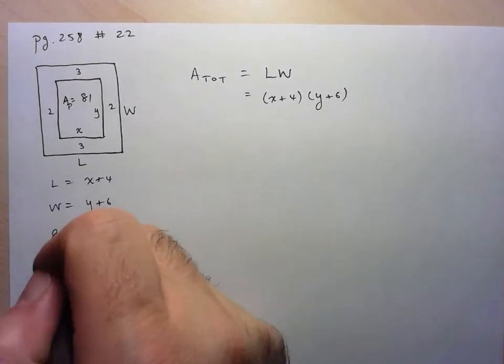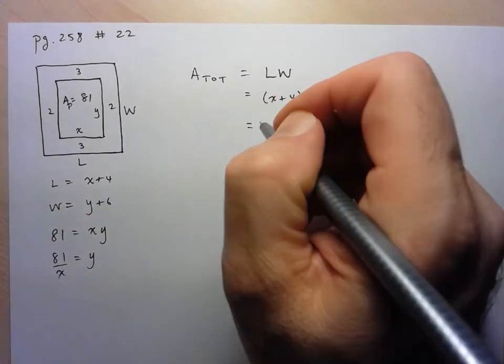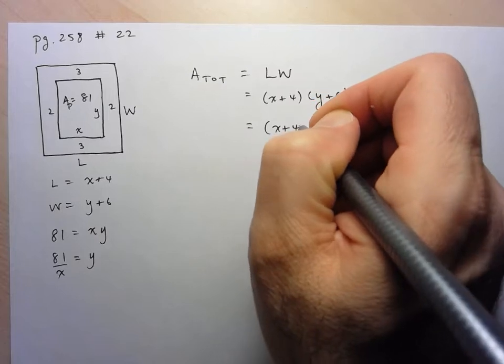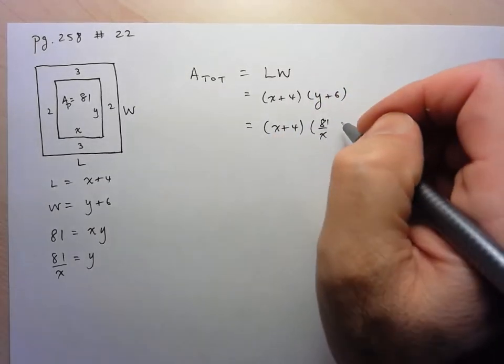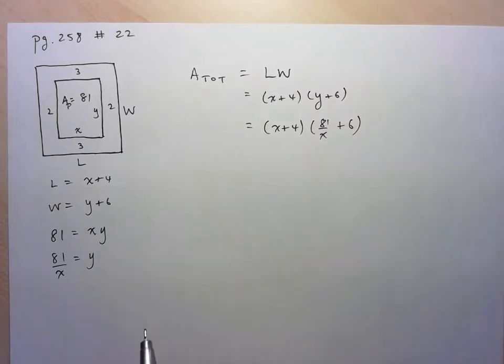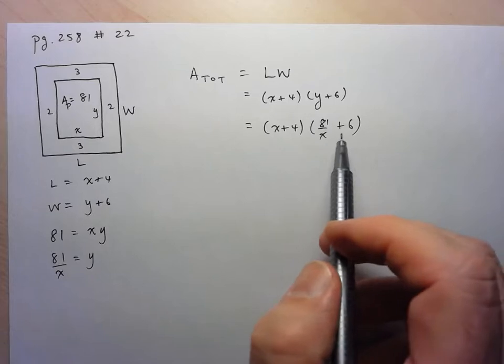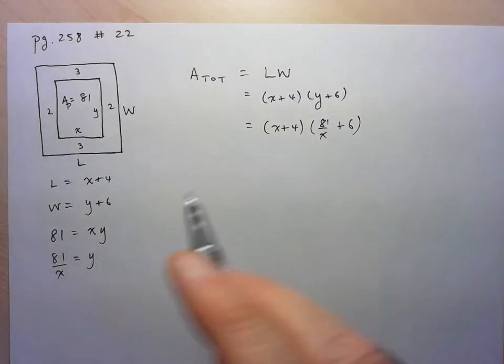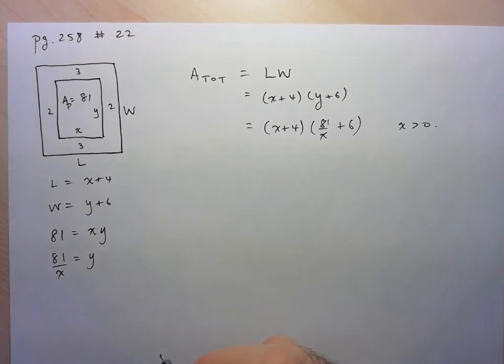I'll pick Y, so 81 over X, and now I can input this into my equation. So I have X plus 4 times 81 over X plus 6, and there we go. We have now an expression in terms of one variable, and clearly here X has to be greater than 0 since it's a measure of length.